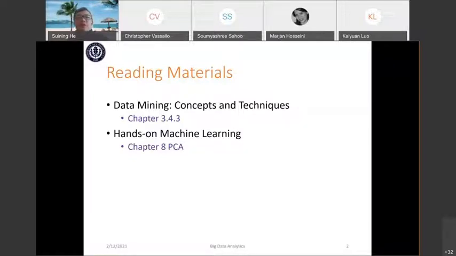So I also recommend this book, Hands-On Machine Learning, that I mentioned at the beginning of this semester. Look at chapter 8, which is on PCA. It has a very detailed description of PCA and also some implementation on how you can use Python to conduct PCA. We will also talk a little bit about that later.